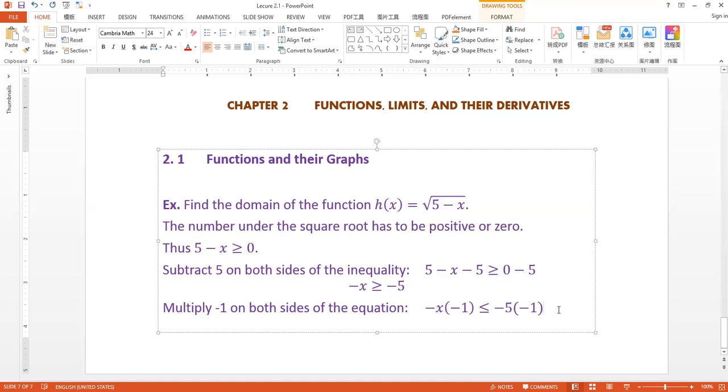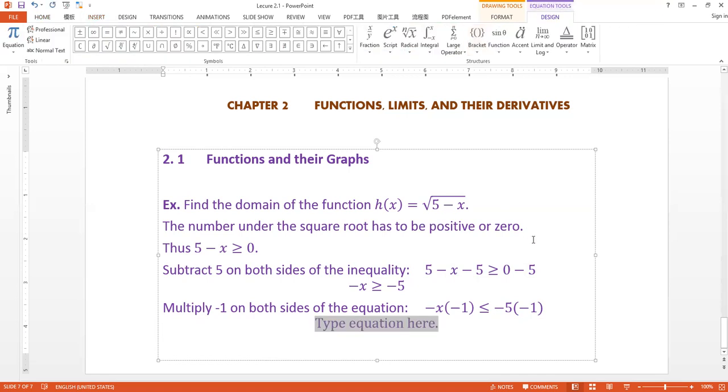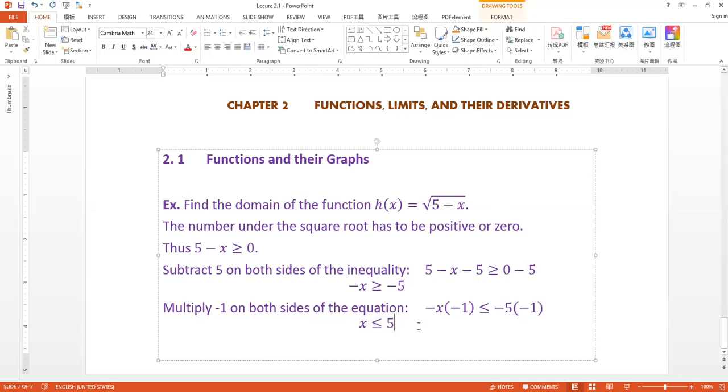So the greater than or equal to becomes less than or equal to. So this is one thing that you need to pay special attention to. All right. So negative times negative, we get a positive, both on the left and on the right. So then what we have is x on the left and 5 on the right side. So this is the solution.